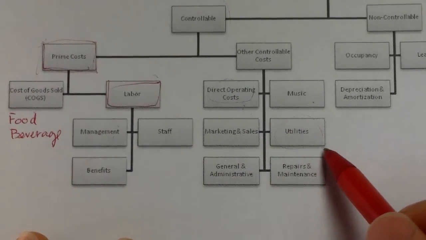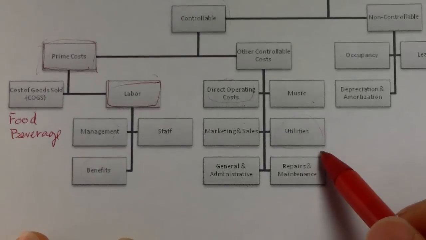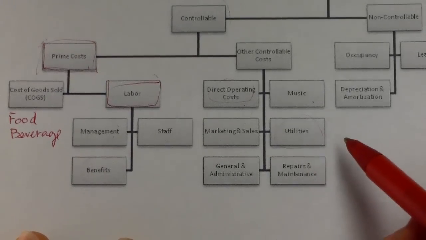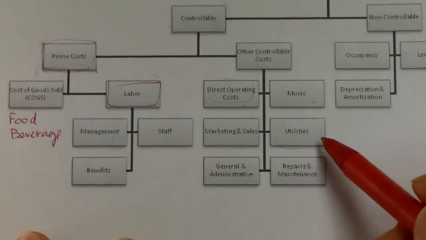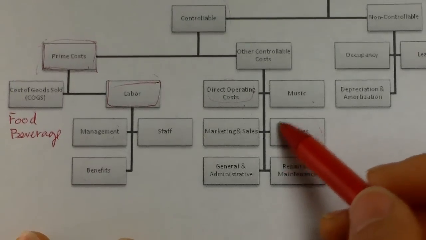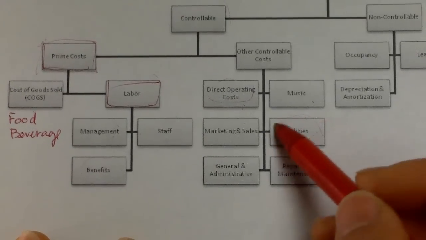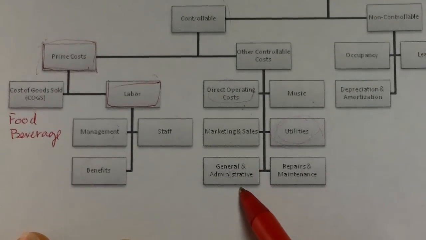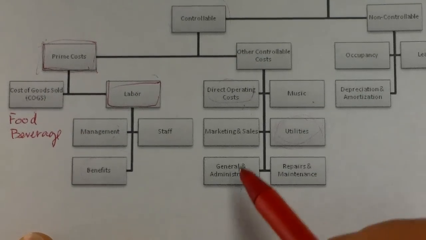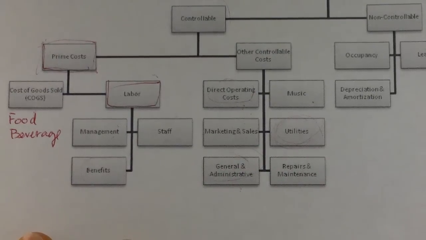Utilities: whether or not you turn off the lights, whether you have overwatered the plants in the garden outside, whether you've turned your ice machine on too cold, these are somewhat controllable by managers. General and administrative is the cost of paper clips and Sharpies and photocopiers, and running the POS system will all fall in here.